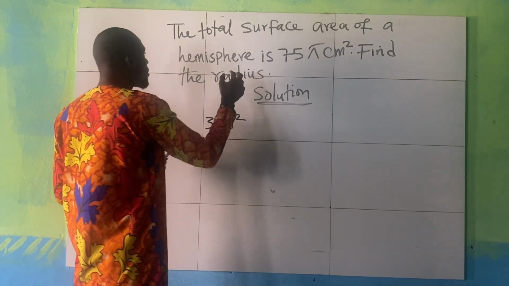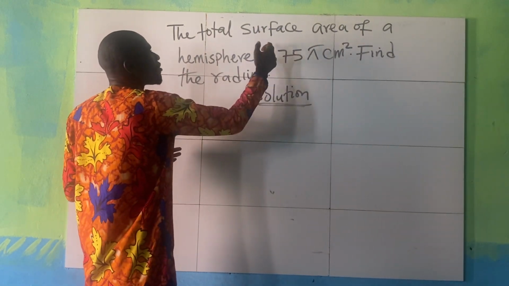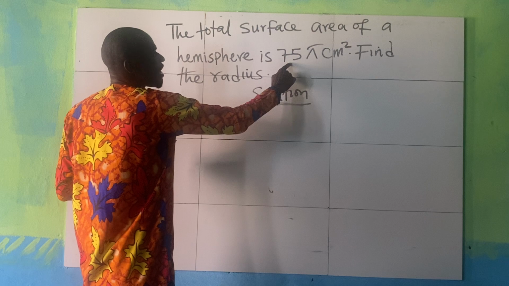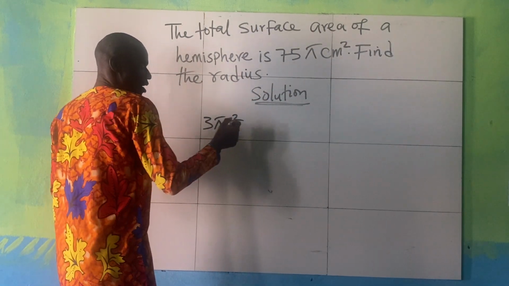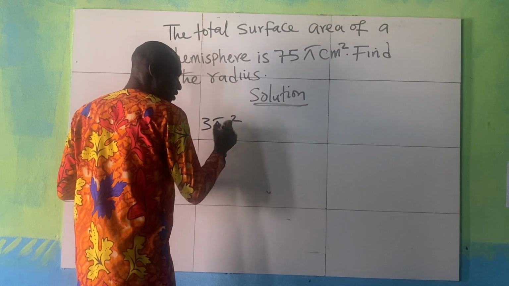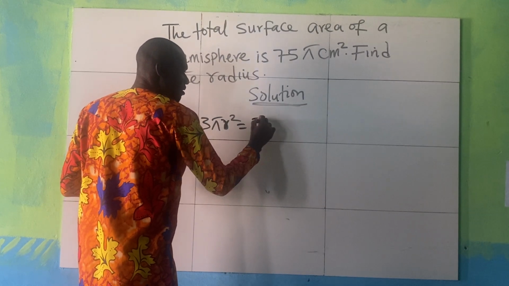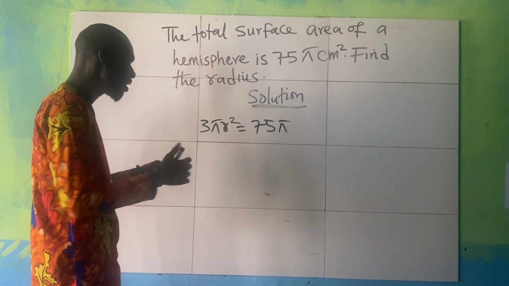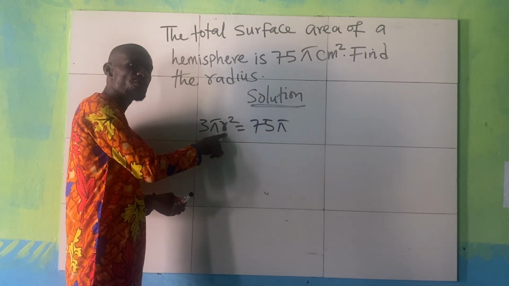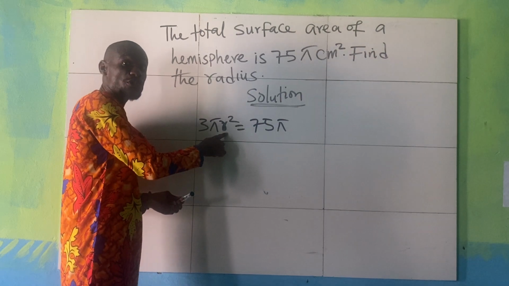So from the question, they say that the total surface area of the hemisphere is equal to 75 pi centimeter square. It means that the area is 75 pi. Remember, our interest is to look for the radius.